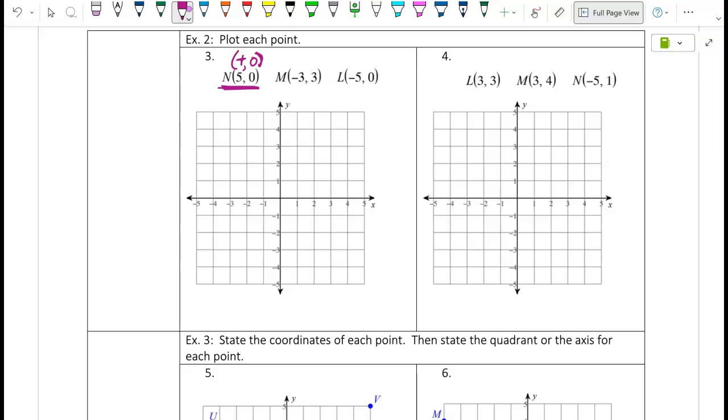So I go 5 to the right. So there's my 5. And I'm not going up or down because of that 0. And then I need to make sure my ordered pair that I'm putting that letter, that capital letter, N is representing that point. So I need to make sure that that N is on my graph.